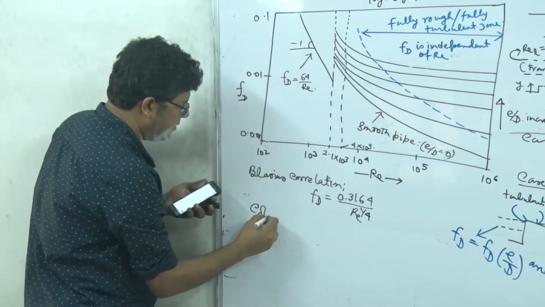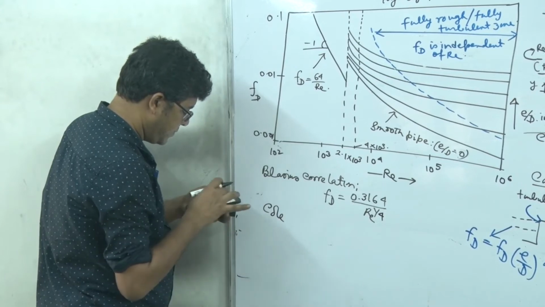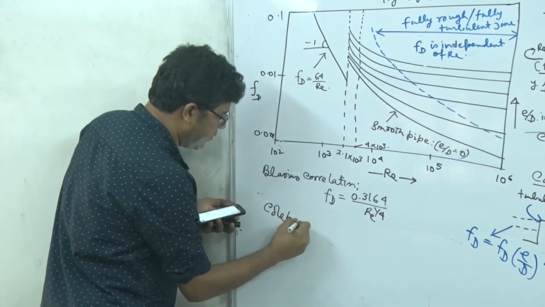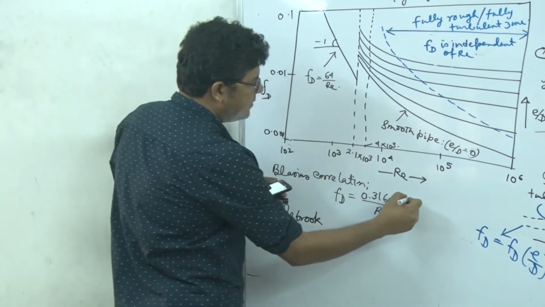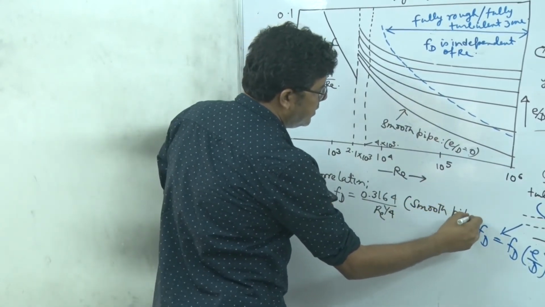The second one, there is something called the Colebrook correlation, which is more accurate. This Blasius is valid for smooth pipe, right?